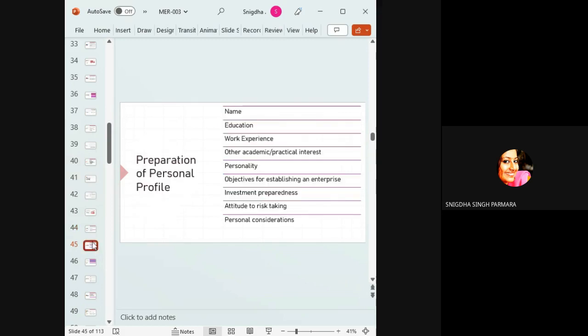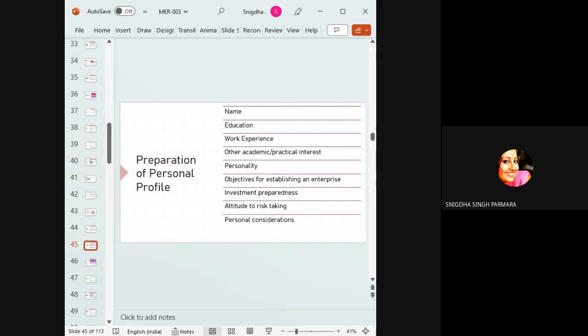Are you prepared for making investment? How much risk are you ready to take? What is your risk taking attitude? And any other personal considerations, such as I want to do it on my own, I am open to partnership, I'm not open to partnership, I want to do it in a metropolitan city, I want to do it in my hometown.